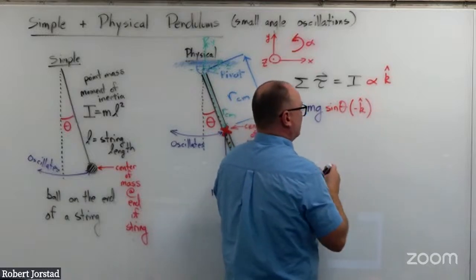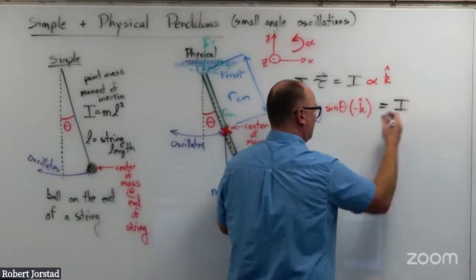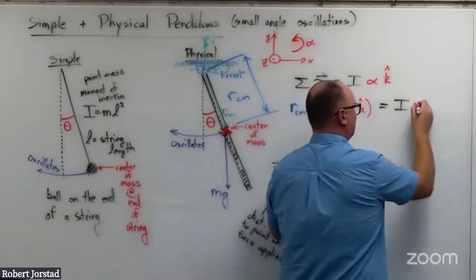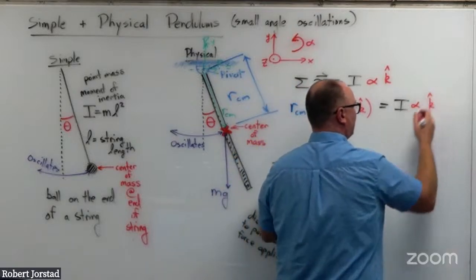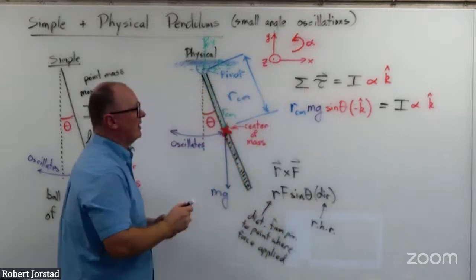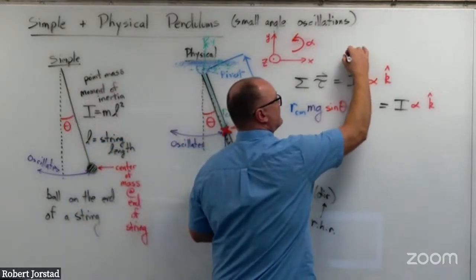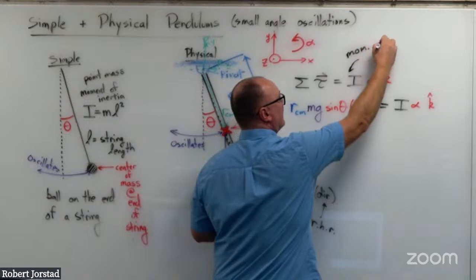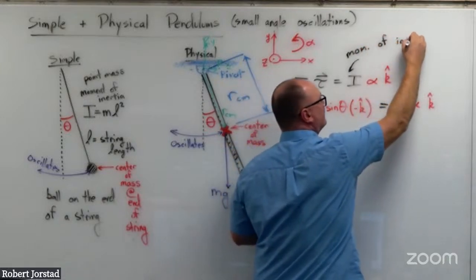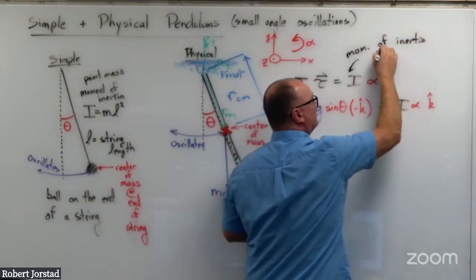All that is equal to I alpha k hat. And recall here, what is I? Again, that's the moment of inertia of the pendulum.